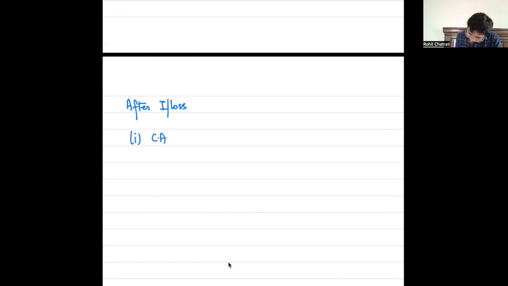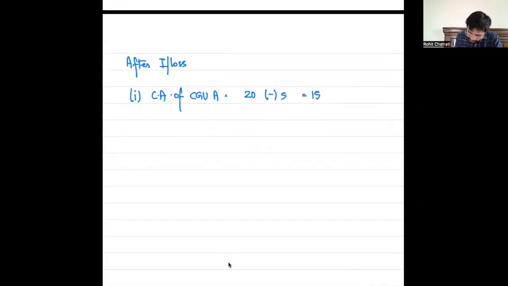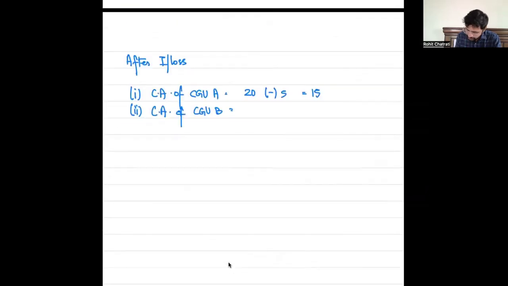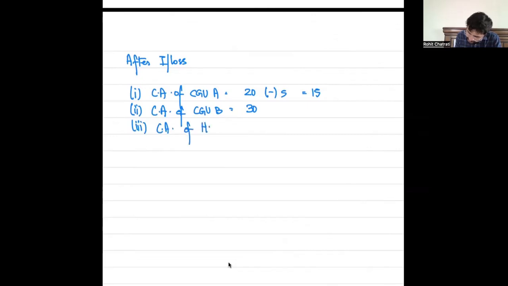All right. So after charging impairment loss, carrying amount of CGU A will be equal to 20 less 5, that is equal to 15 million. Carrying amount of CGU B is actually not going to undergo a change because there was no impairment at all. So that is going to be equal to 30 million. And carrying amount of corporate asset or head office is going to be equal to 10 less 1, which is equal to 9.